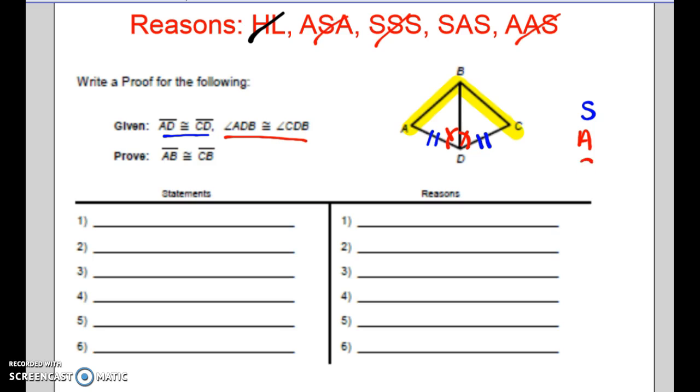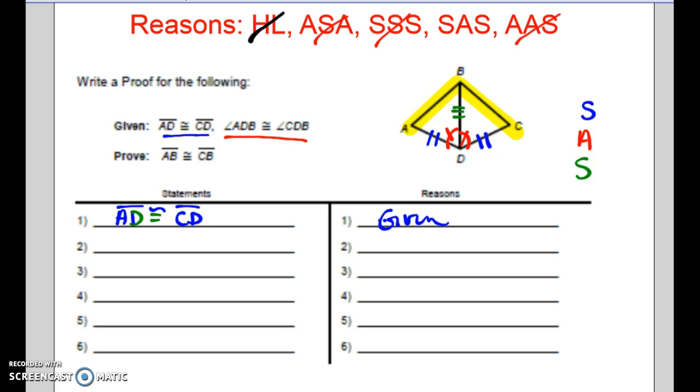And what would that side be? It would be side BD. He's congruent to himself. So if I can show these triangles are congruent through side, angle, side, it looks like I'm on my way. Okay, so let's start with our given. I want AD is congruent to CD, and my reason is given.